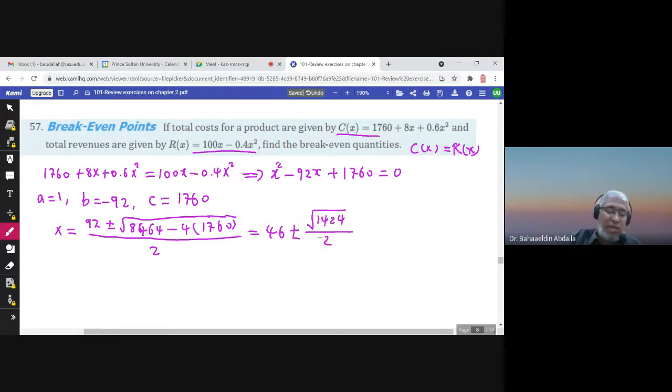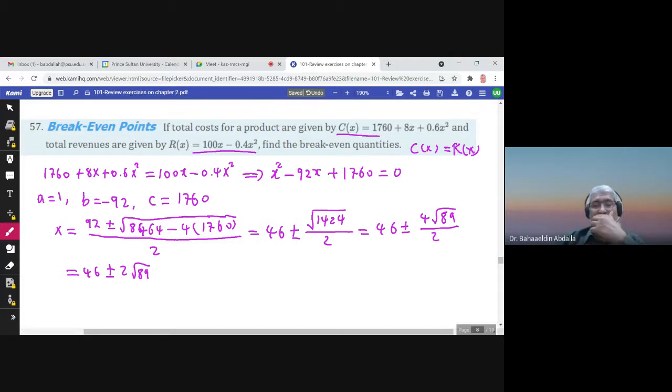And if you ask for the square root, there is no square root for this number. So I have 4 square root of 89 over 2, and the answer would be 46 plus or minus 2 square root of 89. 4 over 2 is 2.